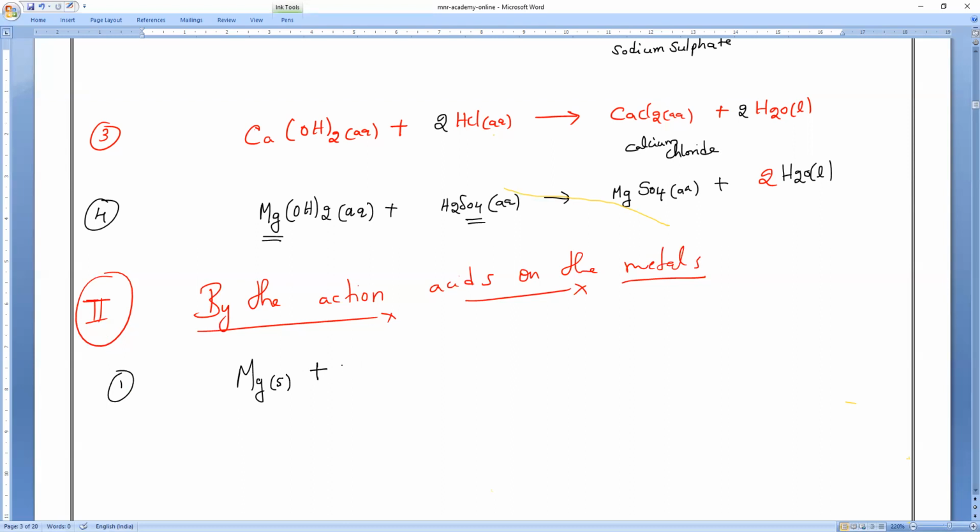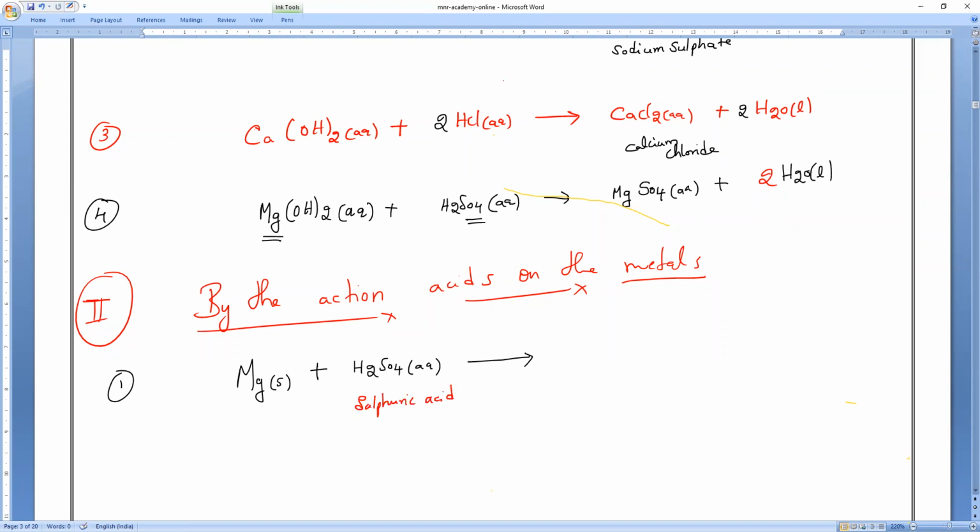Don't make disturbances. So magnesium reacting with sulfuric acid. Yes, Tejaswini, tell me the products. What is the state of sulfuric acid? Sulfuric acid formula also, I know that. Some of you don't know. If I say sulfuric acid, you say something nonsense. Sulfuric acid means what is the formula? H2SO4. Yes, sulfuric acid means H2SO4.